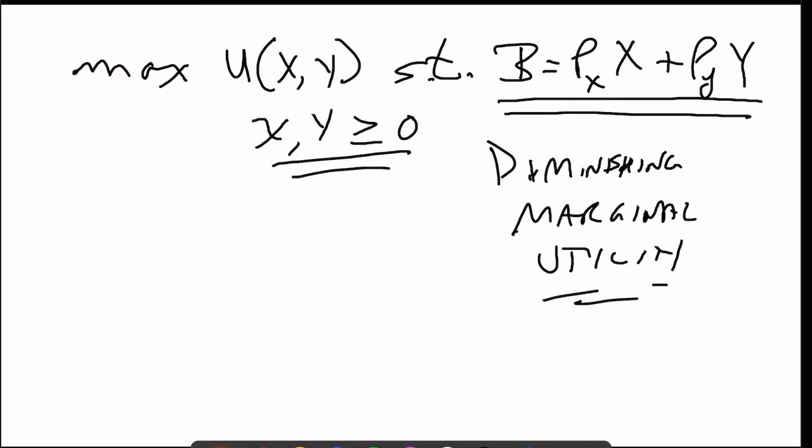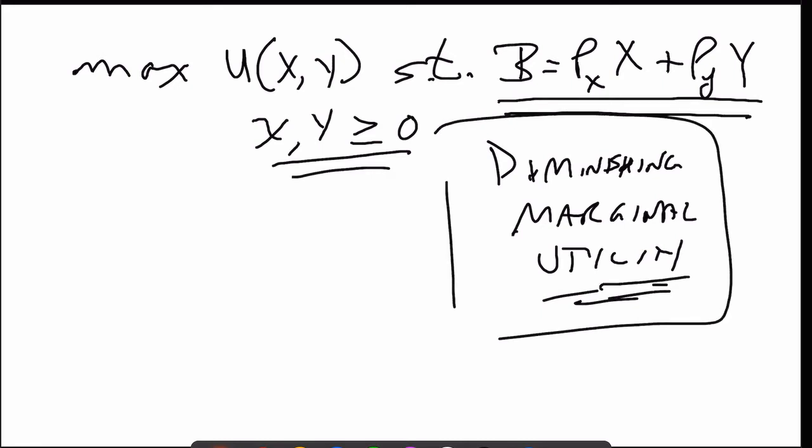You would think by now I'd be better at writing with my Apple Pencil, but no. So maybe as my budget gets bigger, as I get richer, as I get more money, maybe I reach a point where the utility from buying more things is just low. And I'm better off not buying things. I'm not increasing my utility. I'd rather have that money sitting there, right? I'd rather have savings than buying stuff.